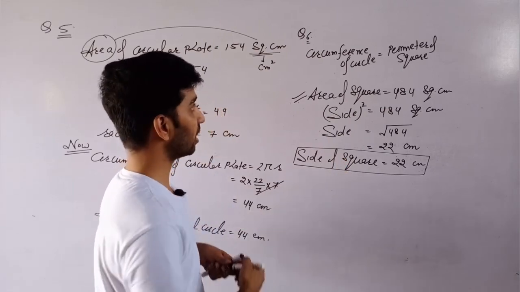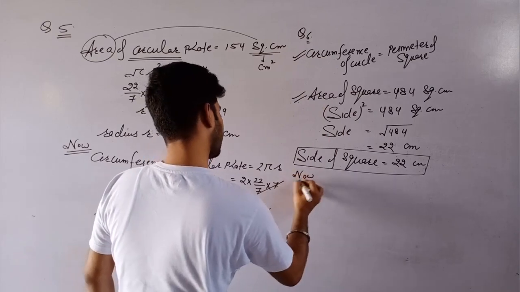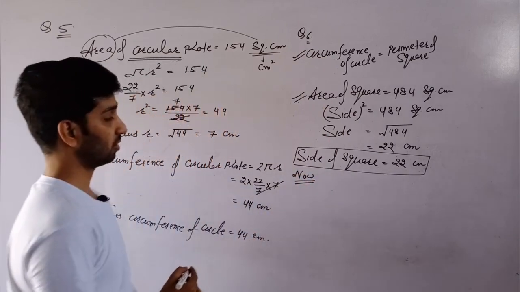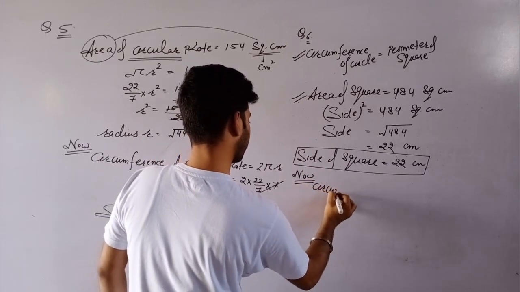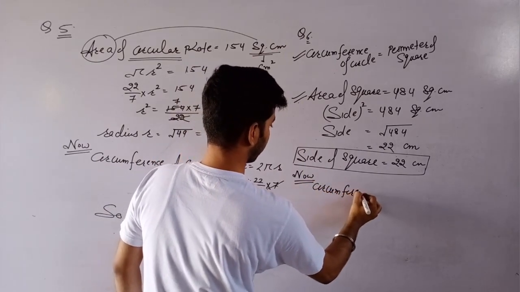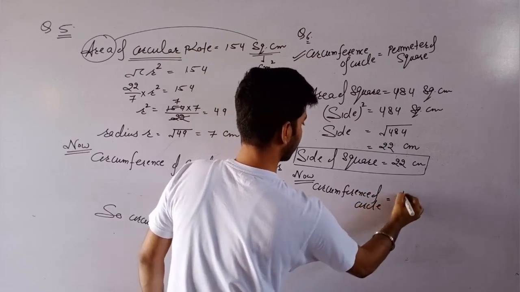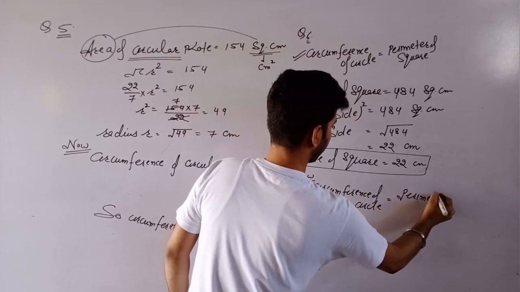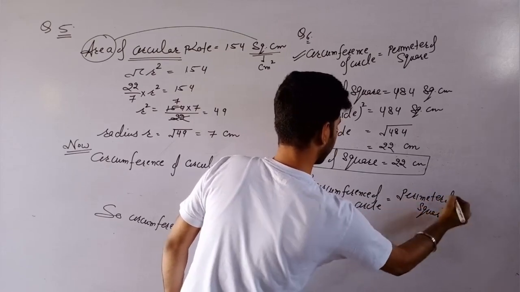Now we will use the relation which is given in the question and solve. Now the given relation is that circumference of circle is perimeter of square.